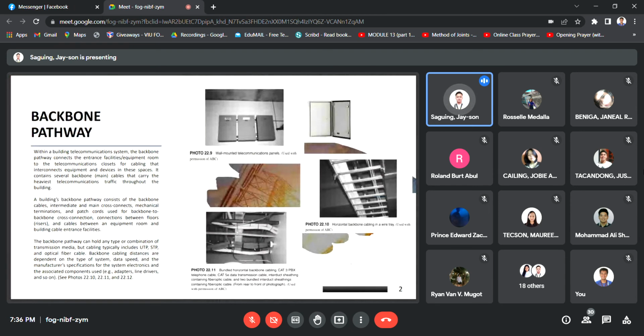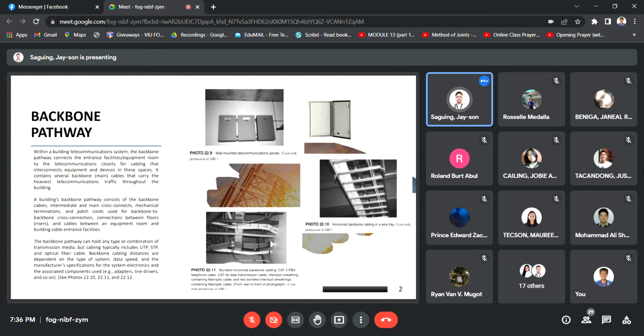So, backbone pathway. Within a building telecommunication system, the backbone pathway connects the entrance facilities or equipment room to the telecommunication closet for cabling that interconnects equipment and devices in these spaces.